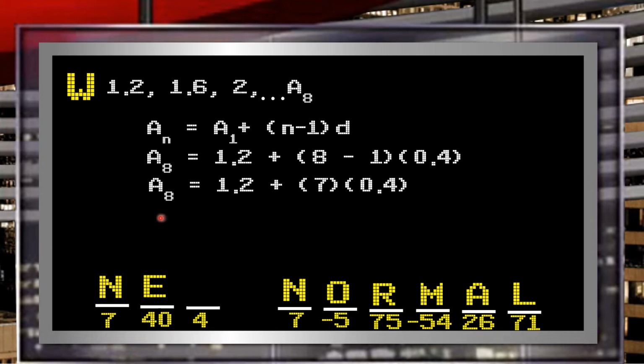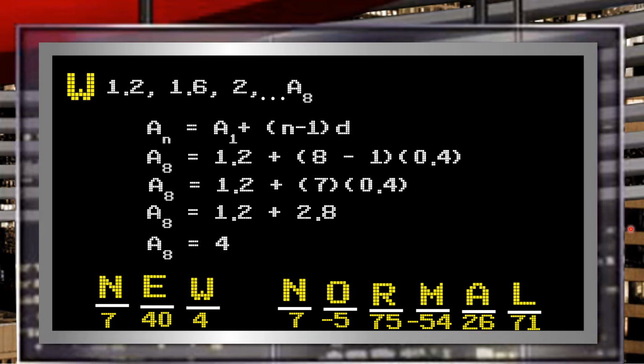And then we have a sub 8 is equal to 1.2 plus 8 minus 1 is 7 times 0.4. And if we multiply 7 times 0.4, we have 2.8 plus 1.2. So our a sub 8 is equal to 4. Again, 1.2 plus 2.8 is equal to 4. So dito natin ilalagay yung W.